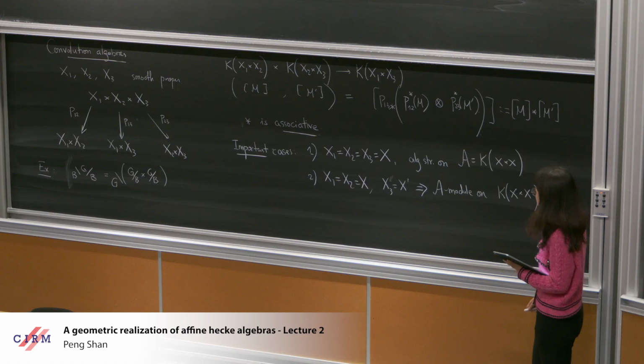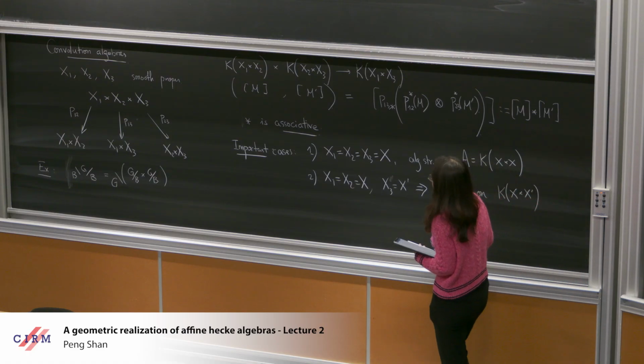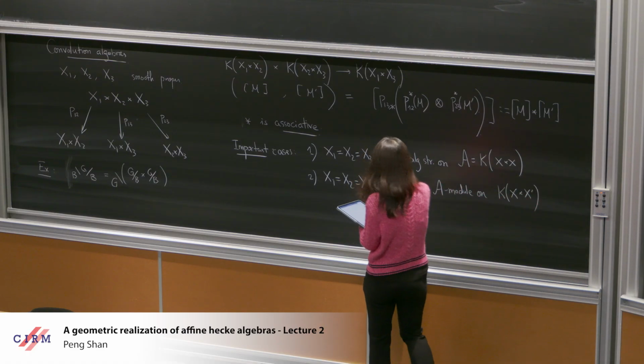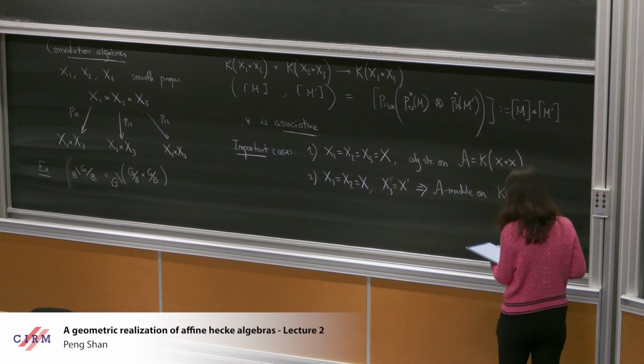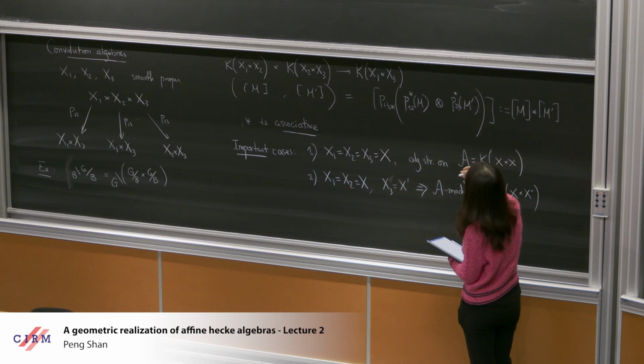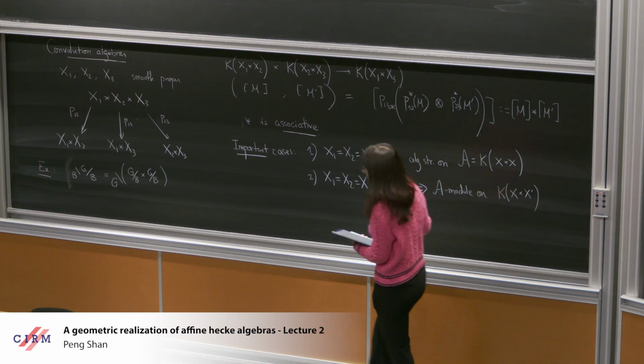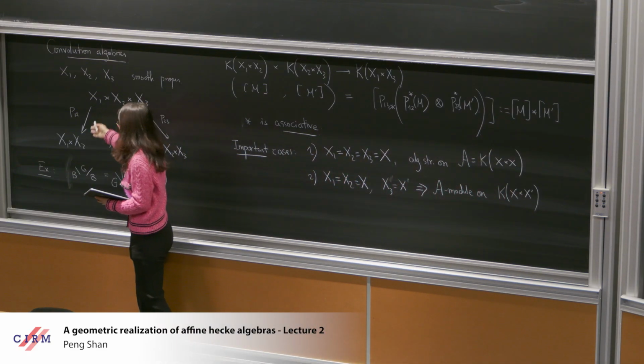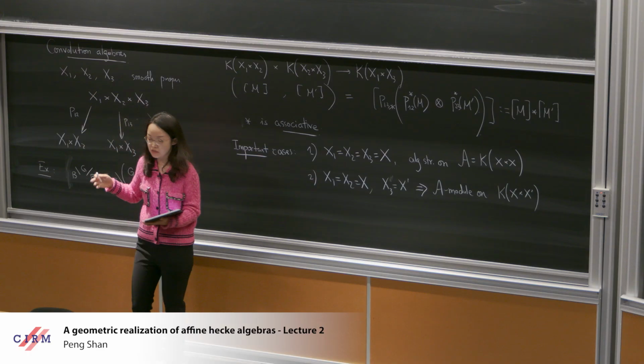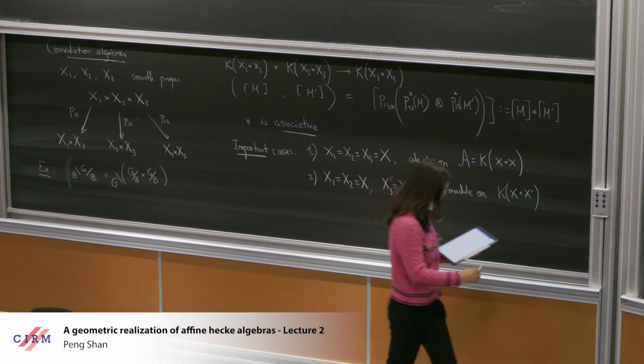So it's just to show you that not only does this define an algebra, but there are also some natural modules coming in this picture. And now, of course, when you have G actions on the variety, you can make everything G equivariant, so everything works in the G equivariant setting.